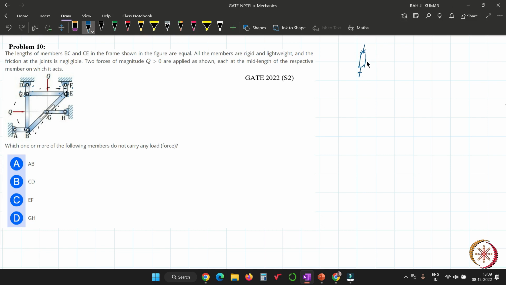That's why this link is able to resist only the axial force. So if I create the FBD of this frame, I think first I should ask you to read this problem, otherwise you will not be able to understand. I'll give you 1 minute, just read the problem.